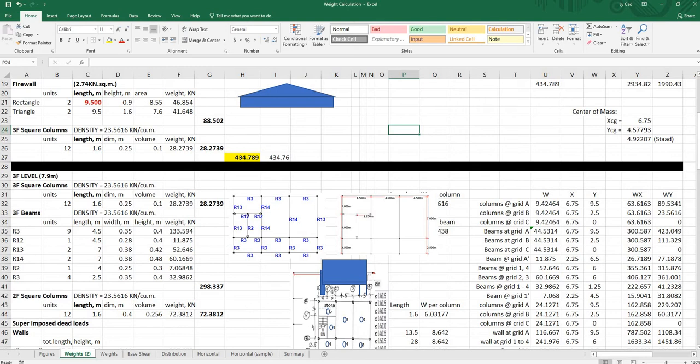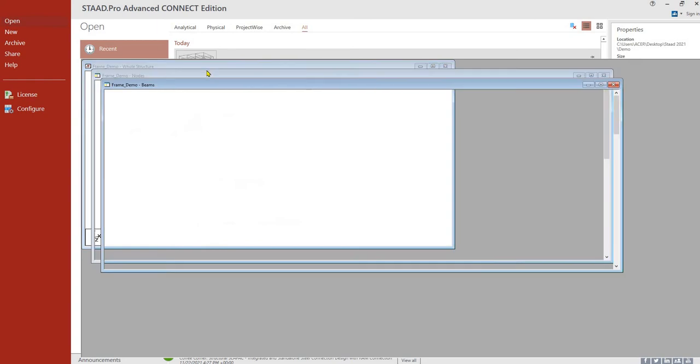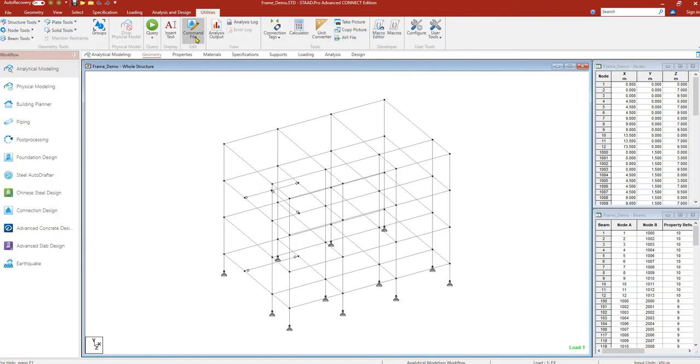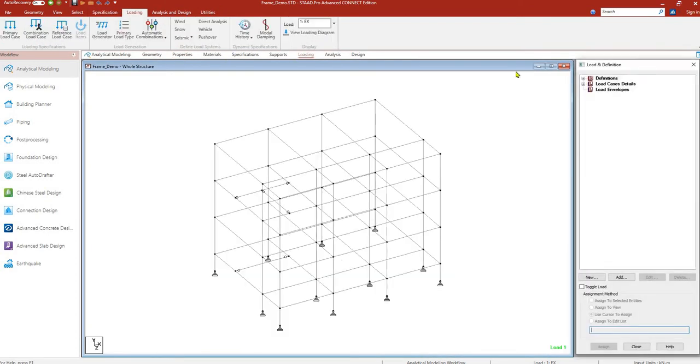Now let's compare this center of mass with STAAD. While waiting, dito na tayo sa, tuloy natin dito sa third floor. Okay, so bumalik na si STAAD. Command analysis output. By the way, dito sa STAAD, sa sample ko, I think kasali na yung, let me check.